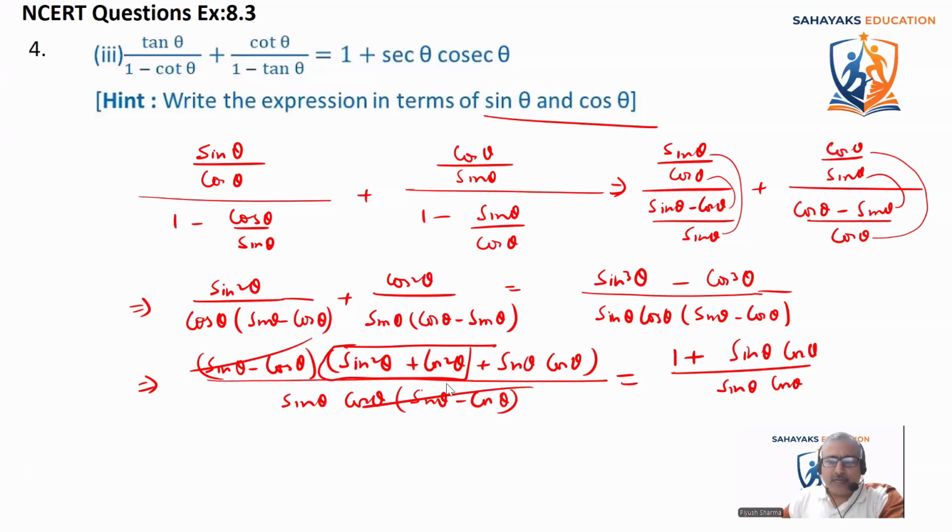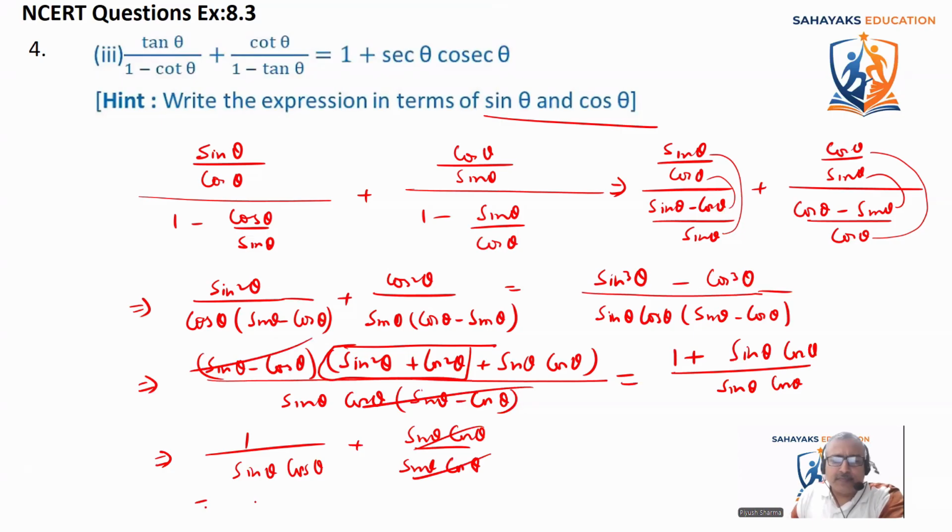And if you divide it separately, it becomes 1 divided by sine theta cos theta plus sine theta cos theta divided by sine theta cos theta. So this cancels, this becomes 1. So 1 by sine theta cos theta becomes cosec theta sec theta plus 1, and that is equal to RHS.